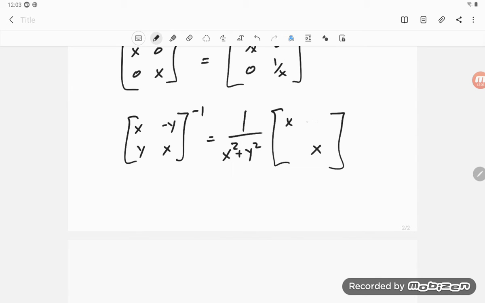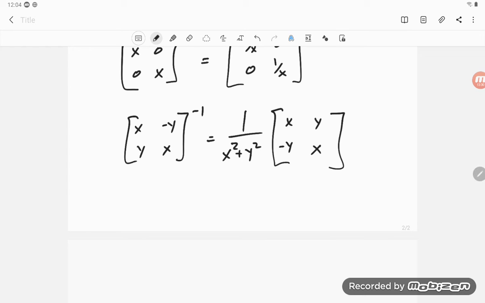I believe the negative would go here, and that's positive. Those are what they switch there. Now, since the diagonal is x, you can't see that we switched a and d, but you can see that we took the negatives of the opposite two corners, the off diagonals.